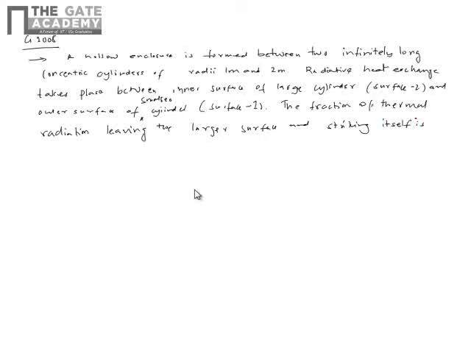There are options for this: 0.25, 0.5, 0.75, 1, and there's a figure that is given. This is surface 1 and this is surface 2. So you have the larger surface, which is surface 2, and what is asked is the amount of radiation leaving this larger surface and striking itself.